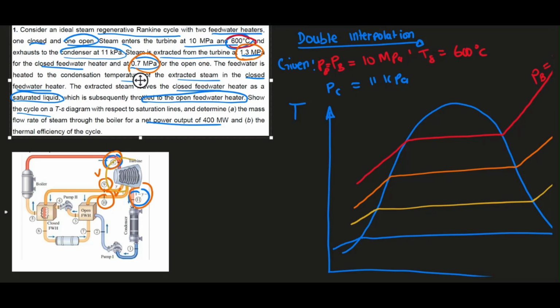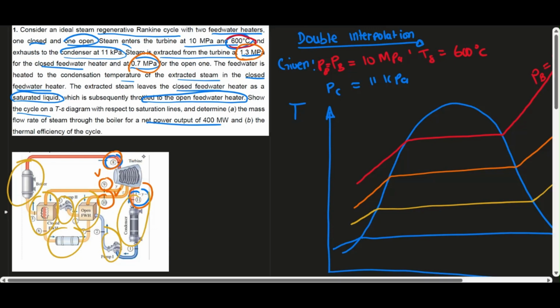We have a turbine, a boiler, condenser, and we have pumps. In this case, we also have an open feed water heater and a closed feed water heater and a throttle valve. All right.